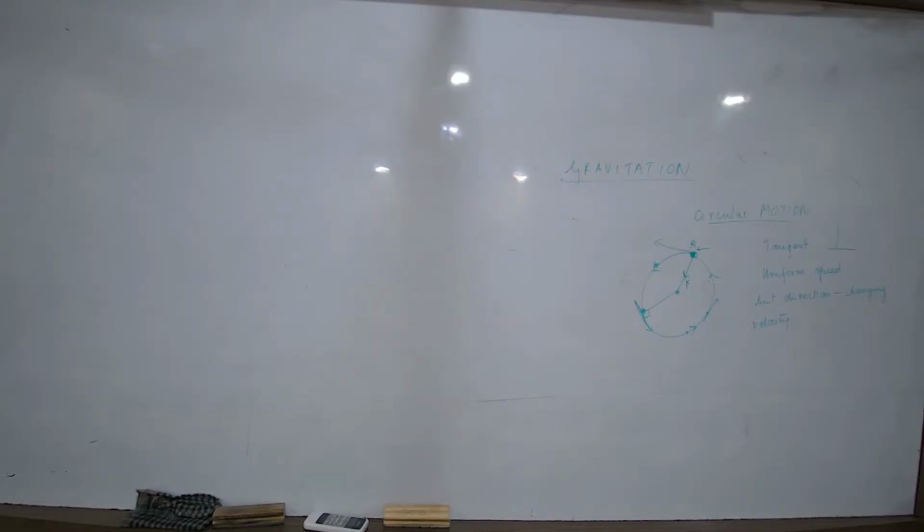So you write, when a body moves in a circular path with uniform speed, then the current is generated.